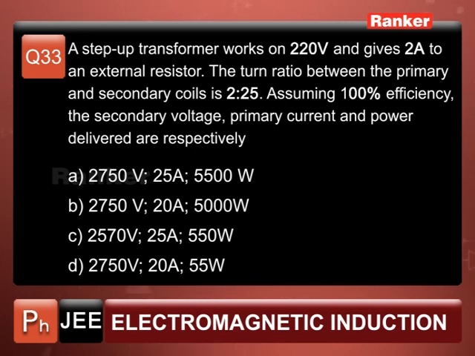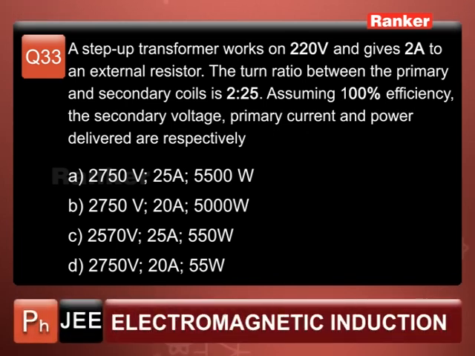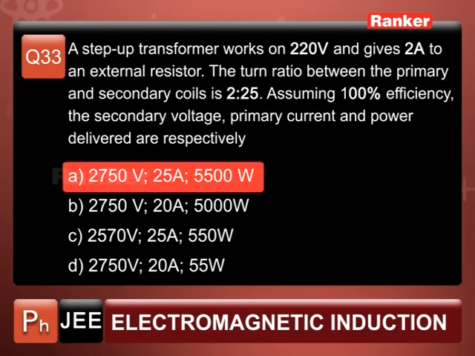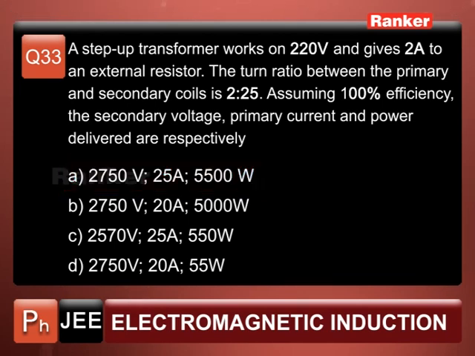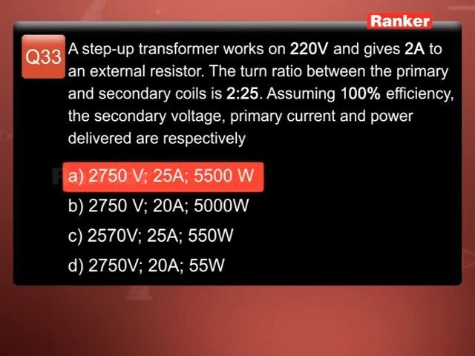Fourth option, 2750 volt as potential, 20 ampere is the current and 55 watt is the output power. Out of them all, the first option is correct for us: 2750 volt, that is secondary voltage, 25 ampere, that is primary current, and 5500 watt, that is the output power.